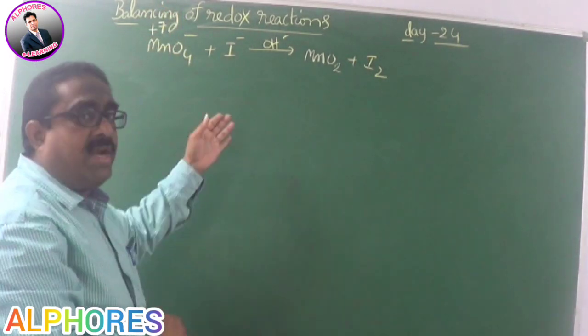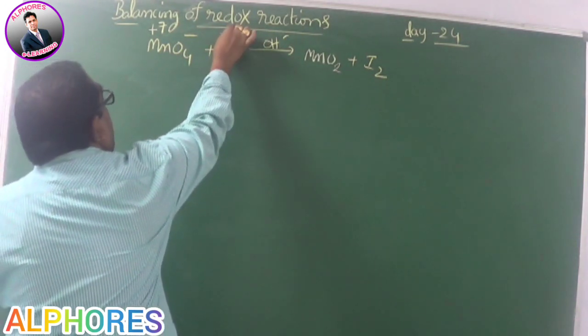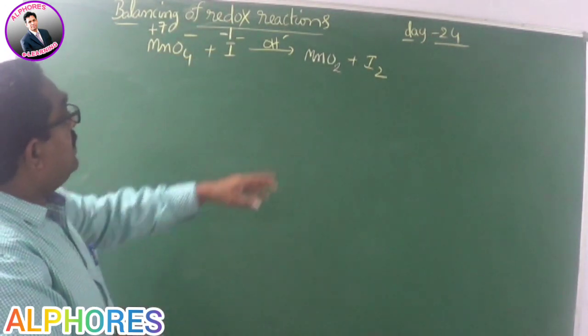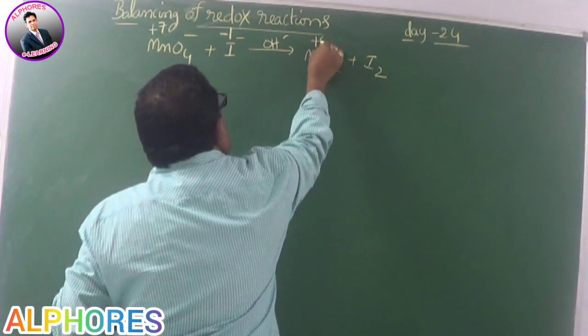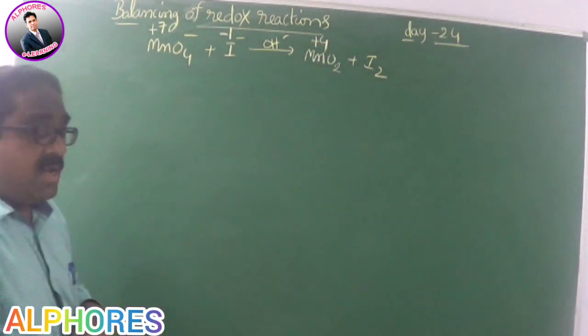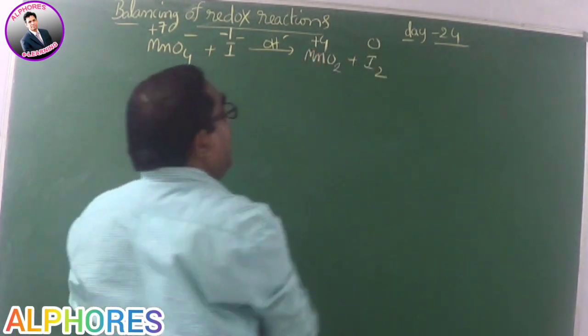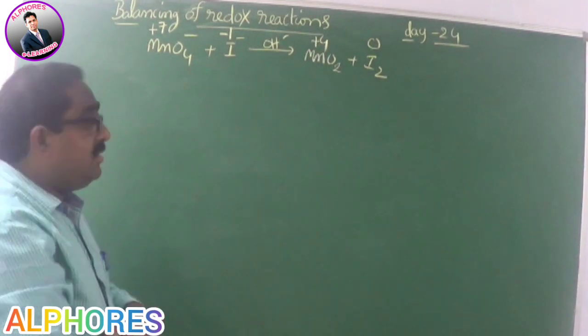You should be in a position to write immediately. Iodide ion is a monoatomic, charged ion, so the charge itself is its oxidation state. For manganese dioxide, for 2 oxygens -4, so manganese you should write as +4. And iodine is a homoatomic molecule. For both the iodines you can write blindly 0 as per our rules of oxidation states.